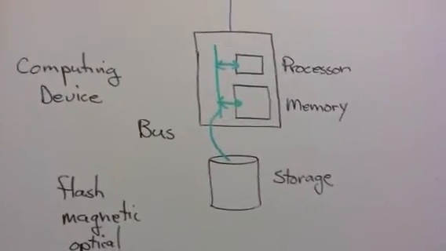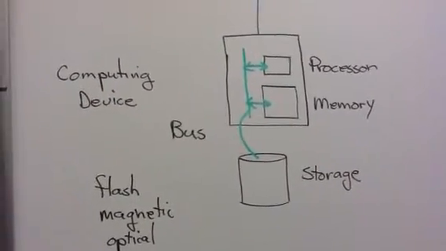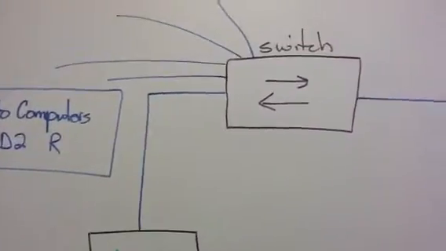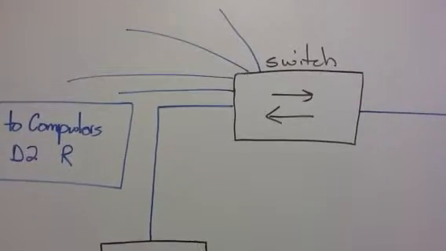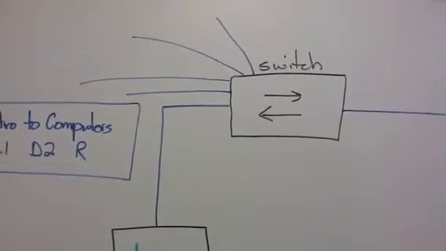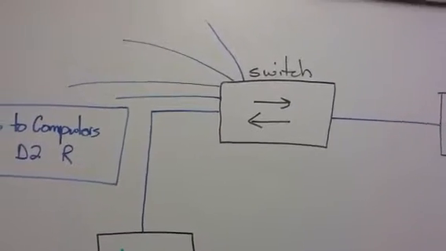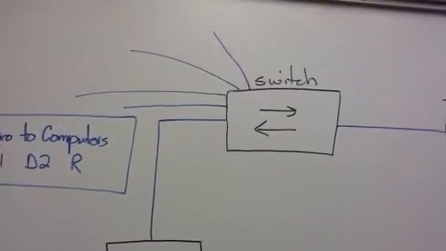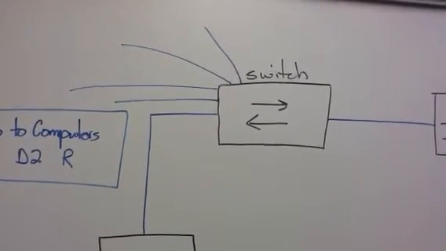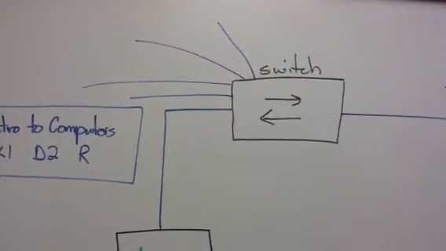Okay, then how does this computing device communicate with the rest of the world? Well, here at the college we have wires that connect it to a device called a switch. The switch can keep track of which computer is which and get the information to the correct computer after they've gone out and get something either from a server or maybe the internet or wherever they're going.